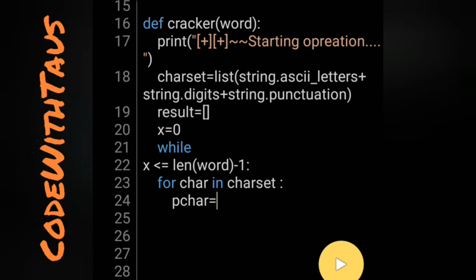Now we are making a new variable named picture. The variable equals word.